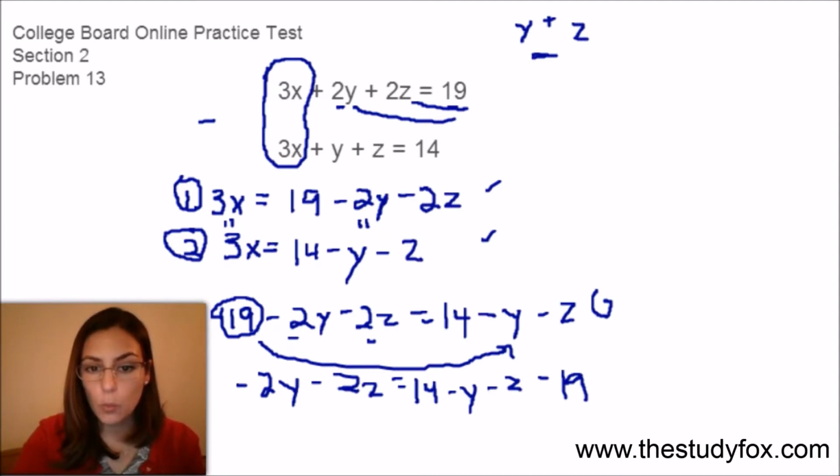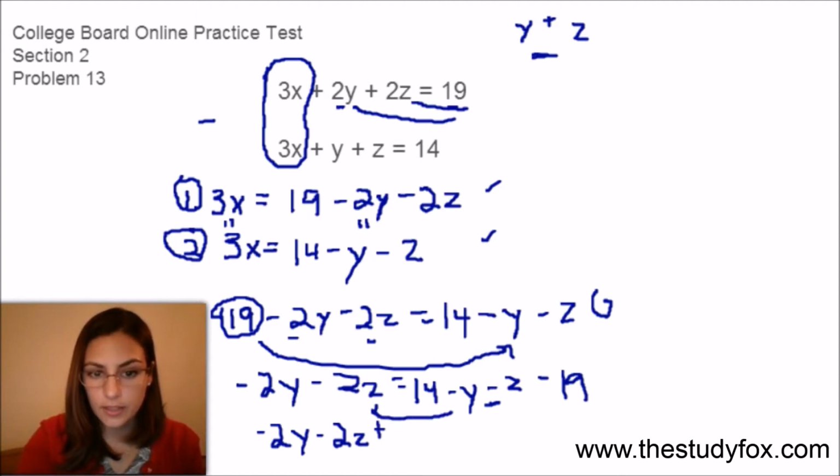Okay, so now we have some y's and z's on our right that we want to bring over to the left. So we're going to do, let's see, negative 2y minus 2z equals plus y, because we're bringing our y to this side.